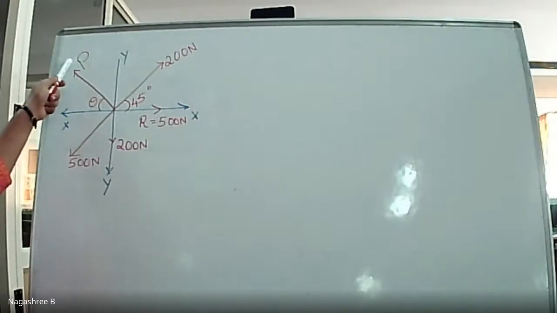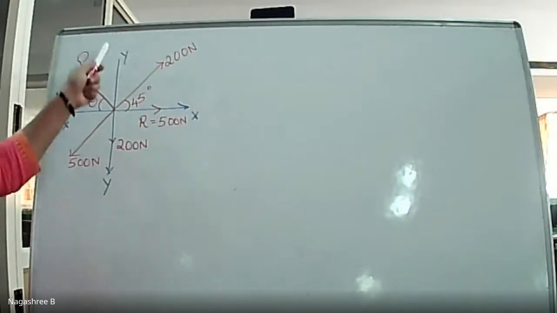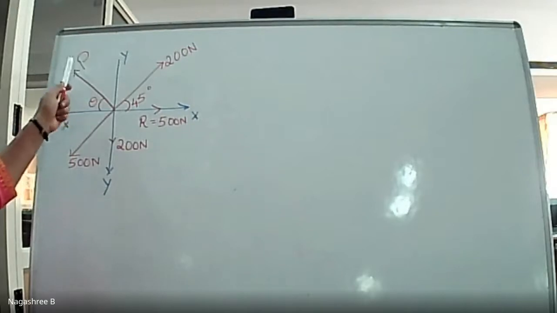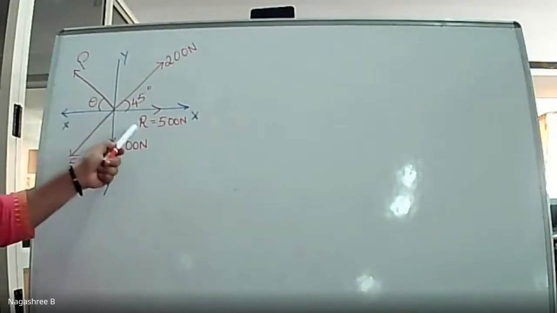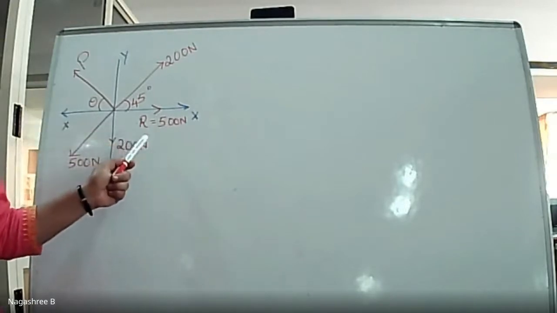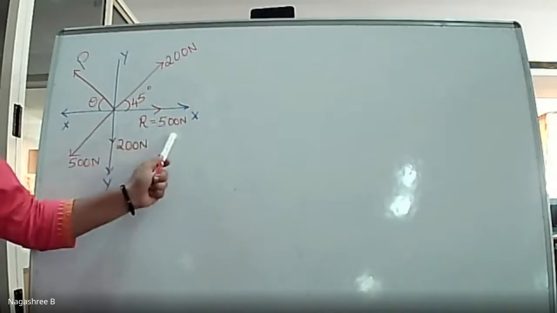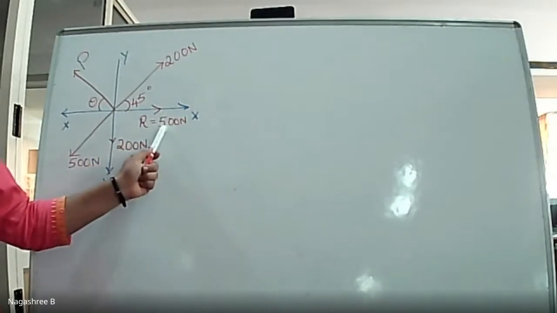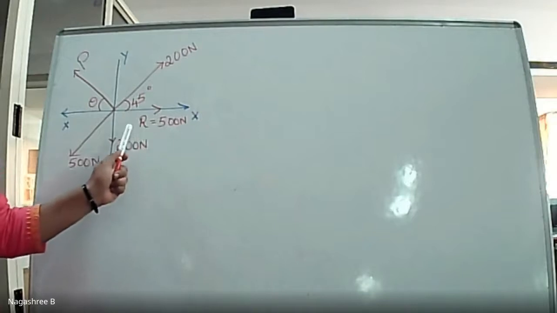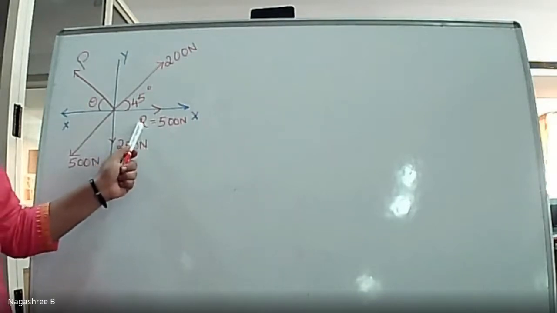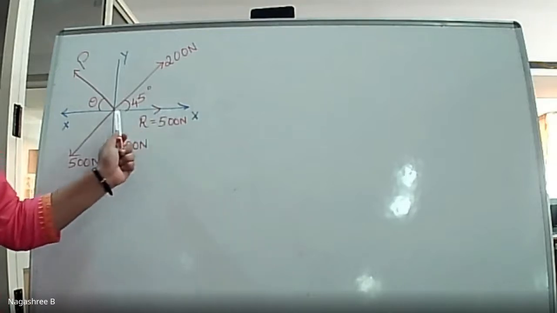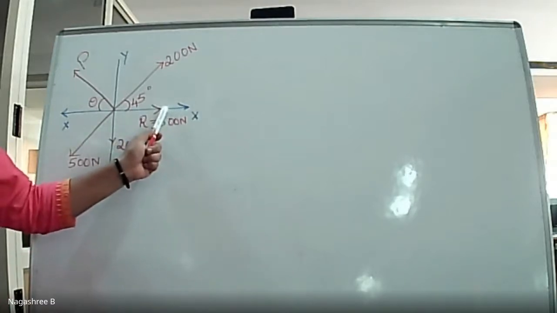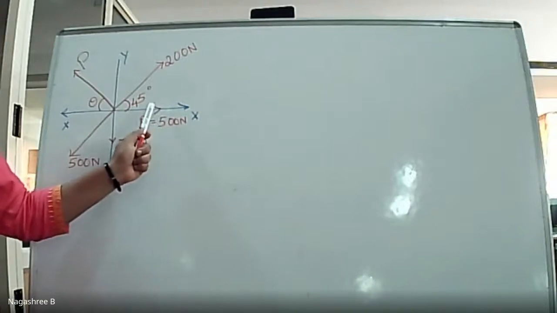So here, the unknown force is considered to be the magnitude P, which has its inclination of theta. They have also provided the value of the resultant of magnitude equal to 500 Newton, which is acting exactly on the x-axis.